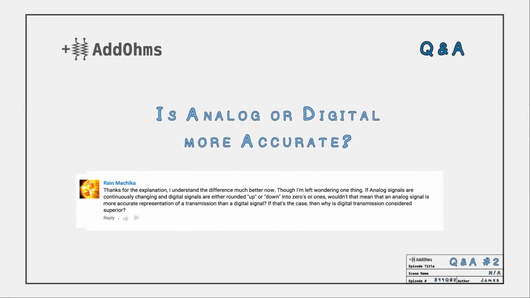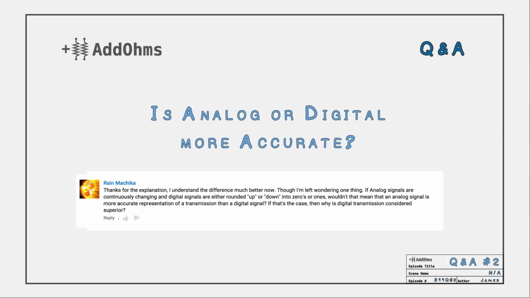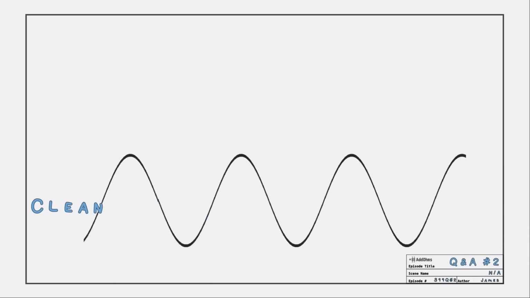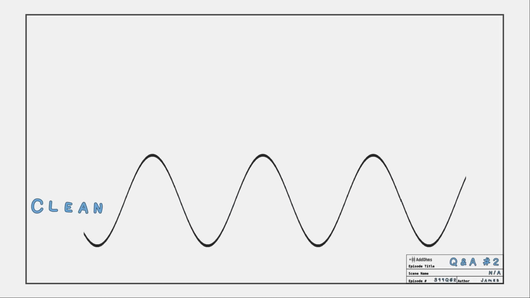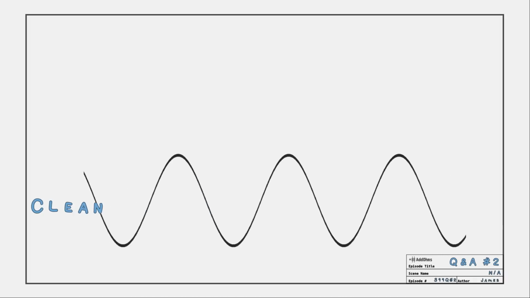Okay, so this is a little bit longer of a question, so I'm going to summarize it. Rain is wanting to know if analog is more precise than digital, why is digital considered better for transmitting data? I think this is a great question because it's the difference between theory and practice. If you could create a pure analog waveform and transmit it without adding any noise, then you could get a lot more information transmitted by just using the continuous changing voltages of an analog waveform.